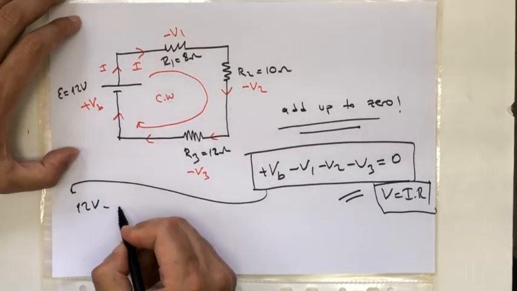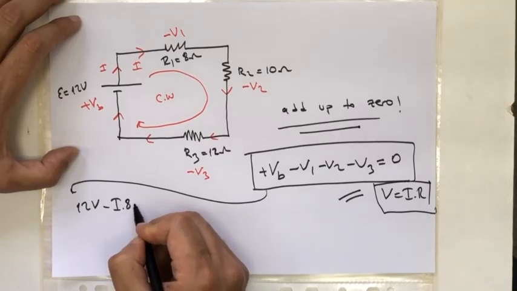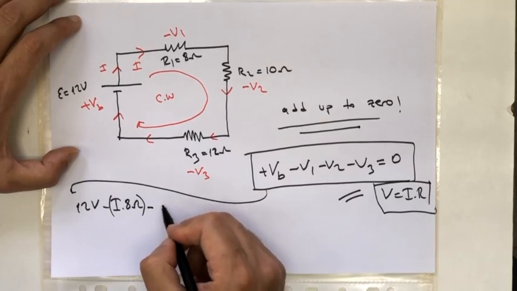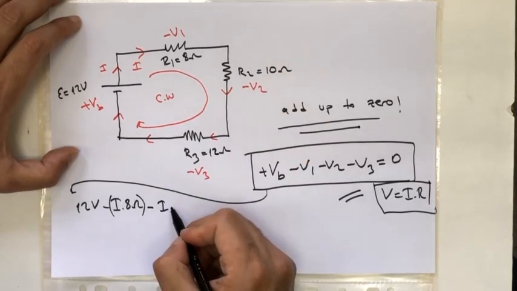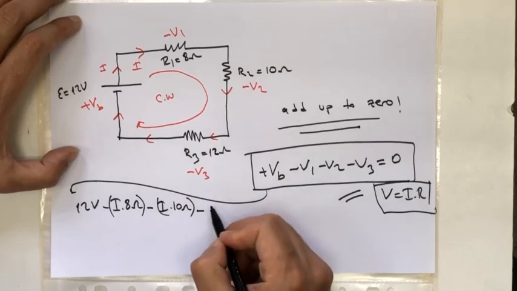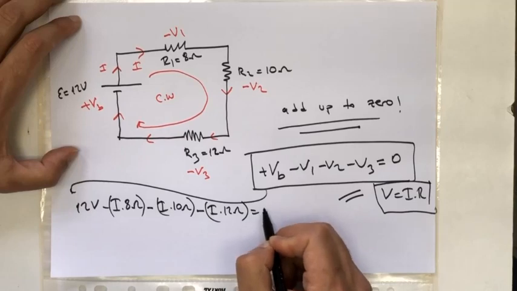So it will be minus I times 8 ohms, minus I times 10 ohms, minus I times 12 ohms, equal to 0.